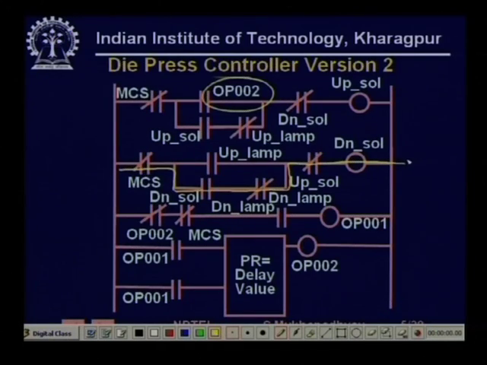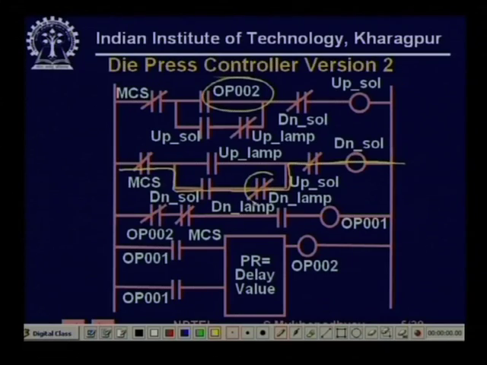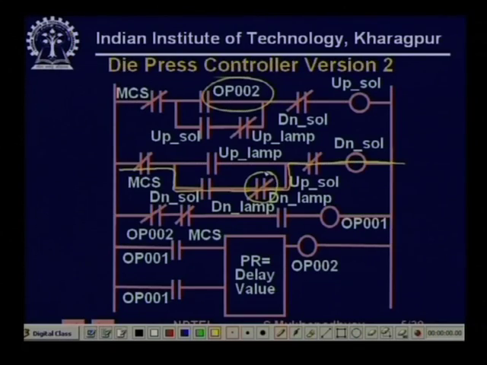At this point, the down lamp suddenly became on, because the die hit the down limit switch. The moment the down lamp becomes on, this will go off, and the down solenoid now goes down.